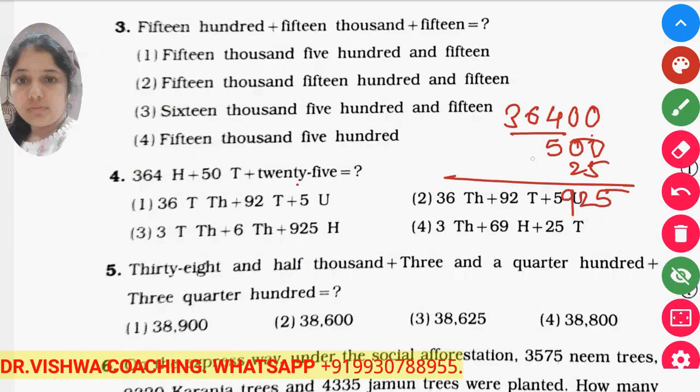25, 4 plus 5, 9, 6 as it is, 3 as it is. So it becomes 36,925. Now where is such an answer? You can check 36,925.